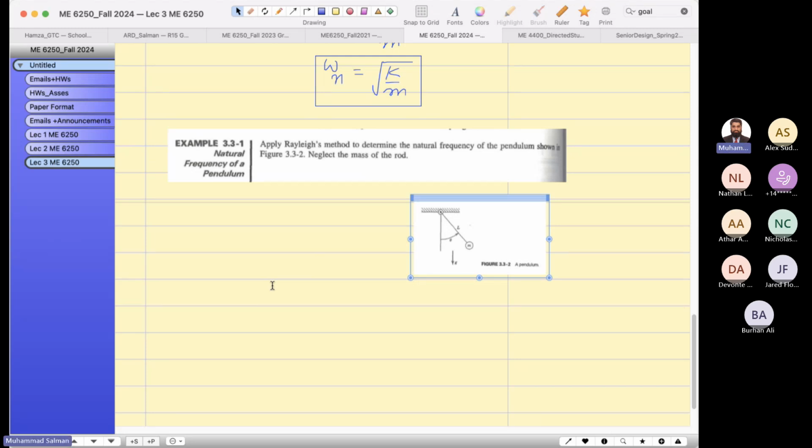Now I will apply Rayleigh's method to find the natural frequency of this simple pendulum. So T max equals V max minus V min. As you know, it stops here, so T min equals 0.